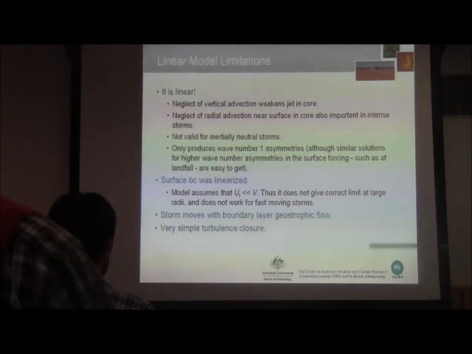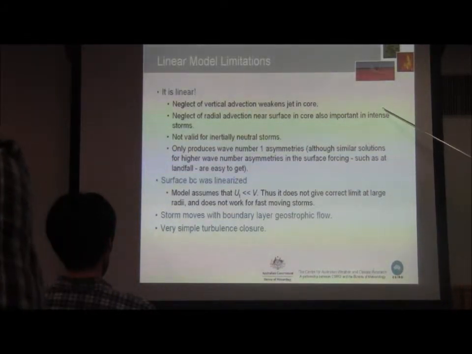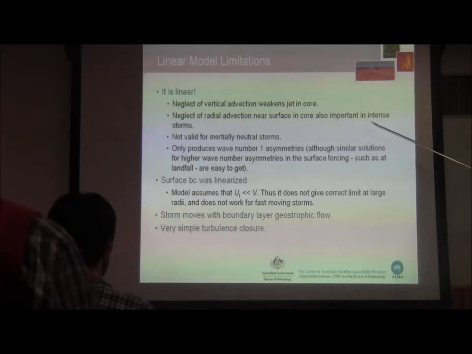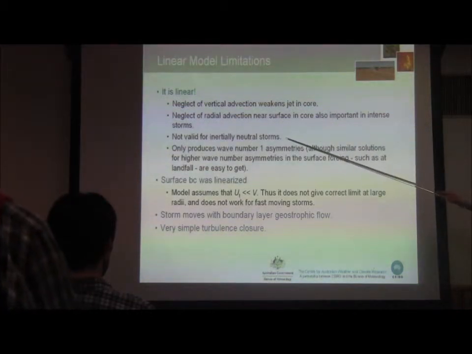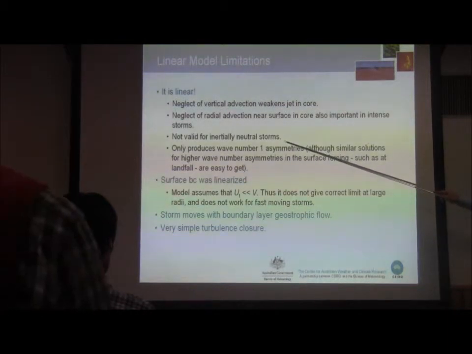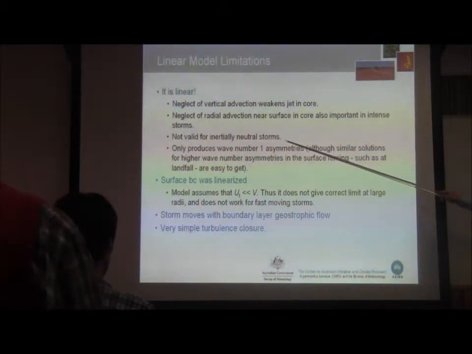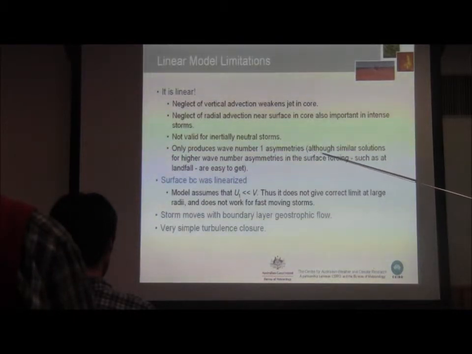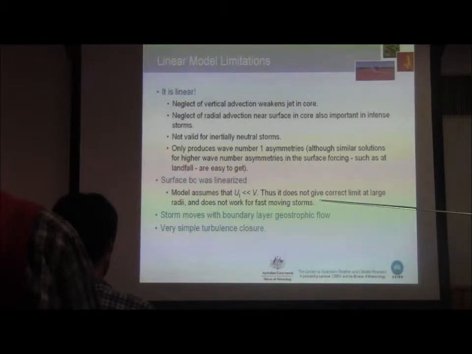Limitations, I think I've mentioned most of these. One limitation is that the linearization doesn't work if you've got a storm that's close to a Rankine vortex, because then the inertial stability is 0. The motion form of it only has wave number 1 asymmetries, which I've ended up not showing you.